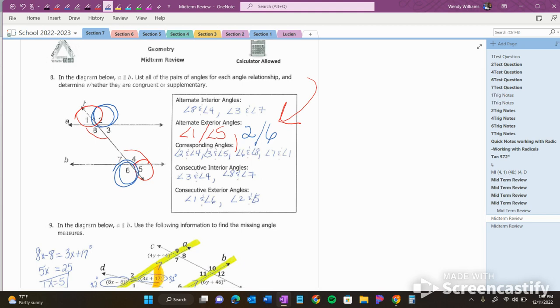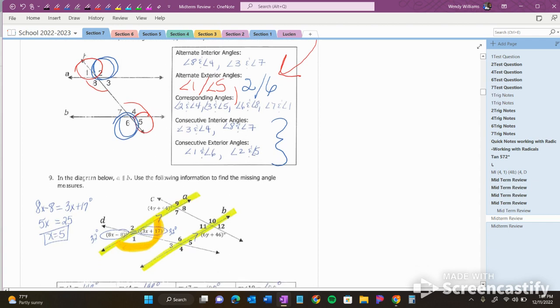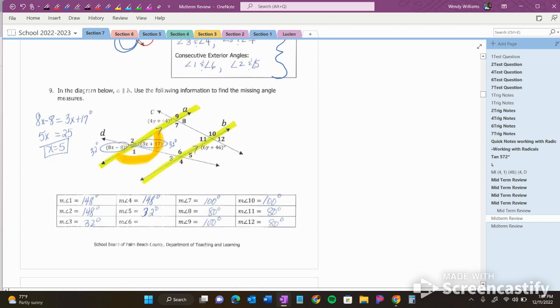Concentrate on consecutive interior and exterior. Those you don't know as well, and they do show up in the problems below. Again, this picture looks really ugly. Don't worry about how ugly it looks. It's a puzzle. We go around in pieces.